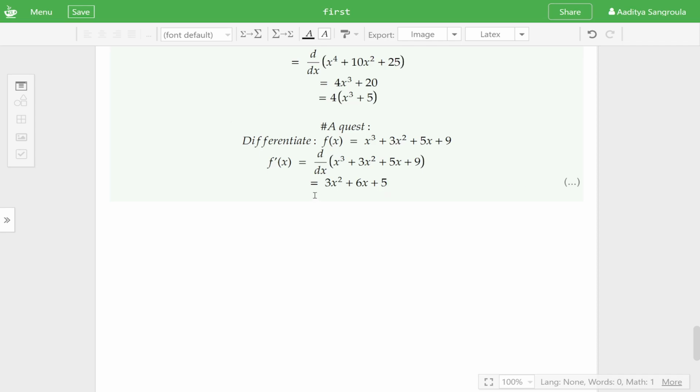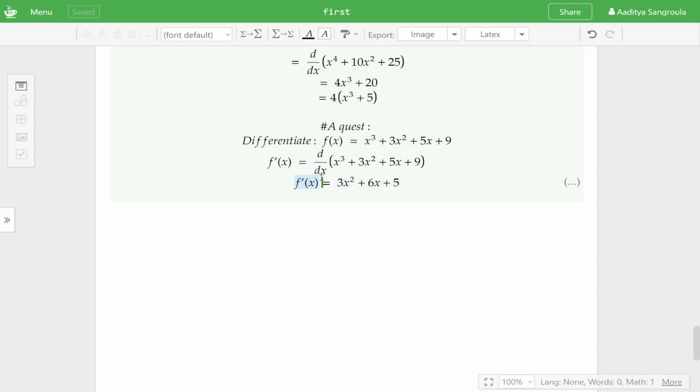So this is the derivative of the function, f prime of x. So this right here is the derivative of our function, which means this is the slope of the function, right?